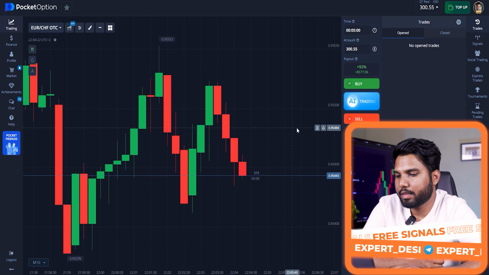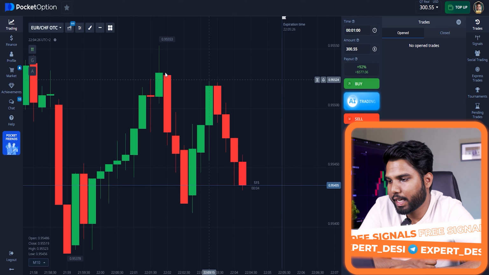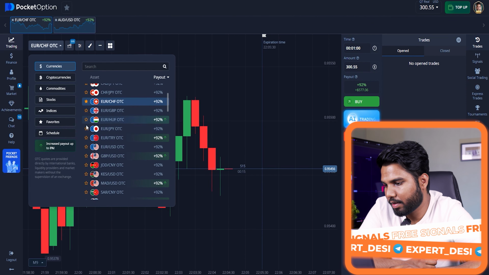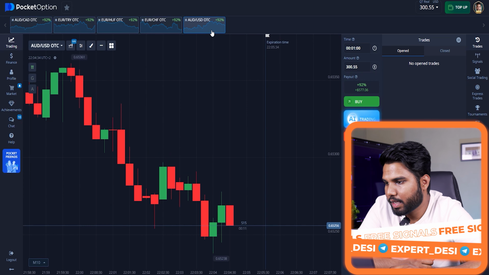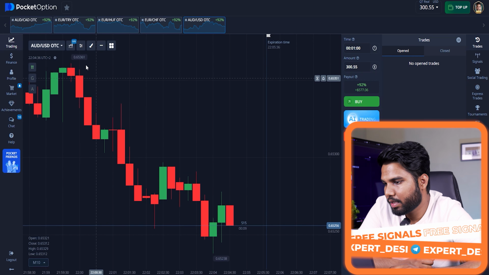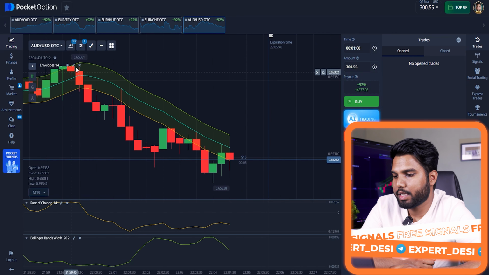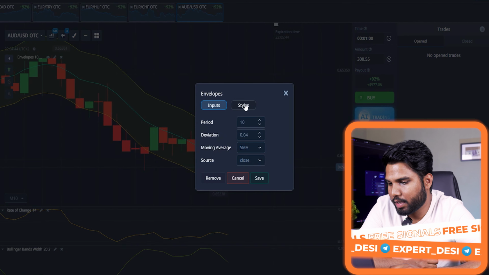So let's set up our trading platform here. First we'll take M1 time. We'll take some of these currency pairs which you can see here on the screen. Next we'll take some indicators: rate of change, envelopes, and Bollinger Bands. Let's change the settings.